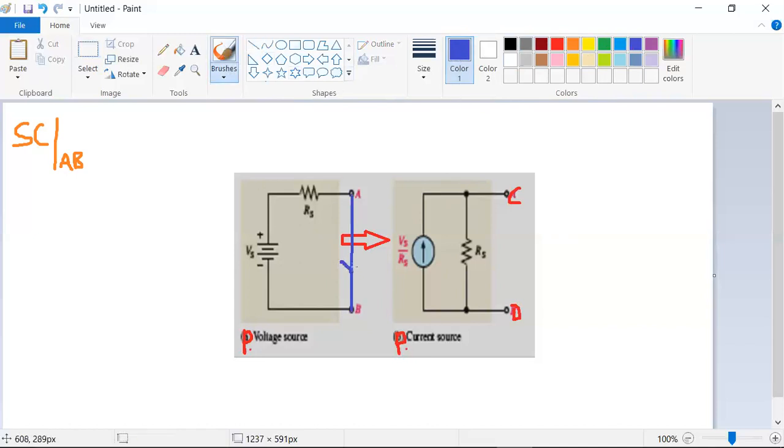This current I need to define. I am naming it the short circuit current, ISC, which is flowing through the A and B terminals.